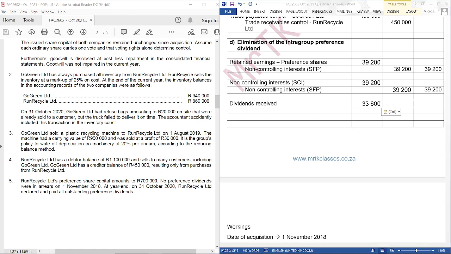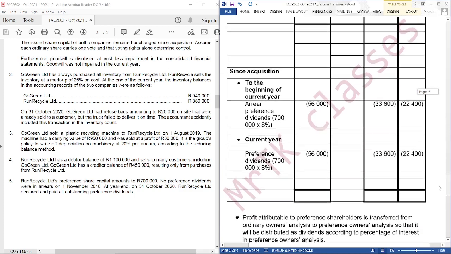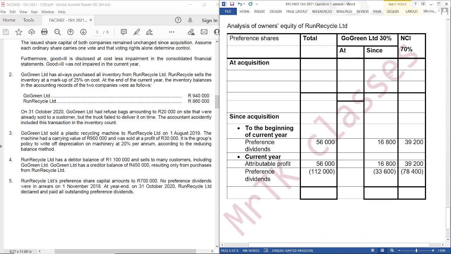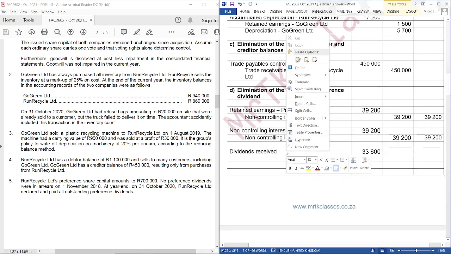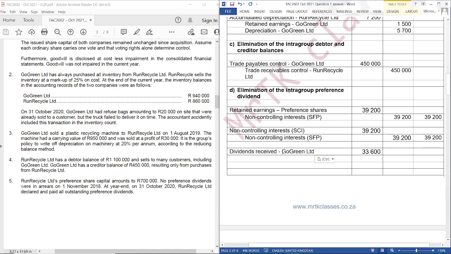Okay, then the parent is Go Green Limited. Let us go back. Right, this was paid to the parent, Go Green Limited. Okay, then we are going to credit dividends paid, right, dividends paid by Run Recycle Limited.